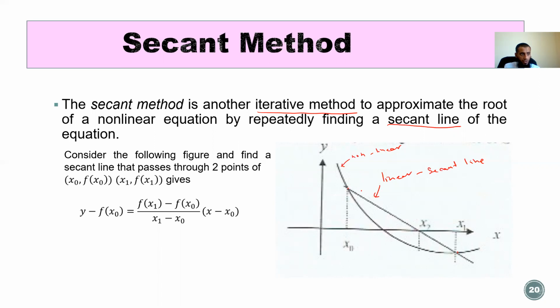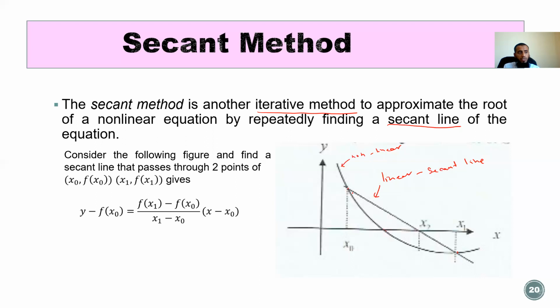So what we need to do is calculate until we get the value where the non-linear curve crosses zero, which is here. We use the secant line to find the zero crossing, or the root.